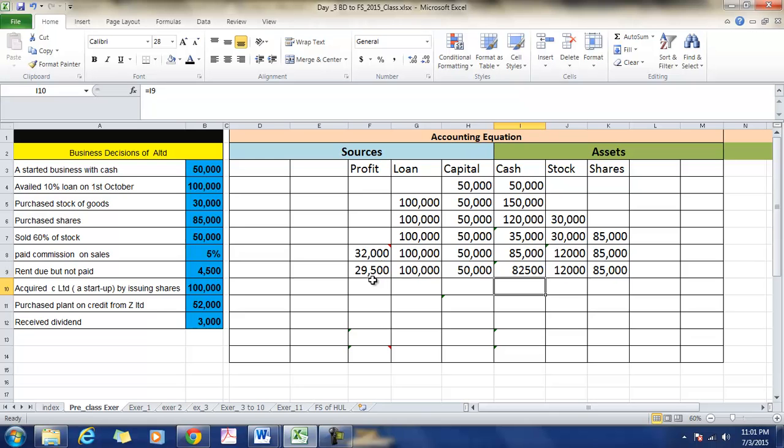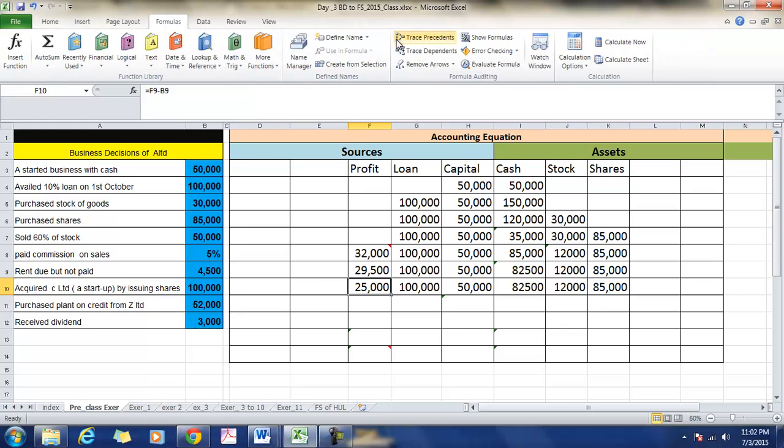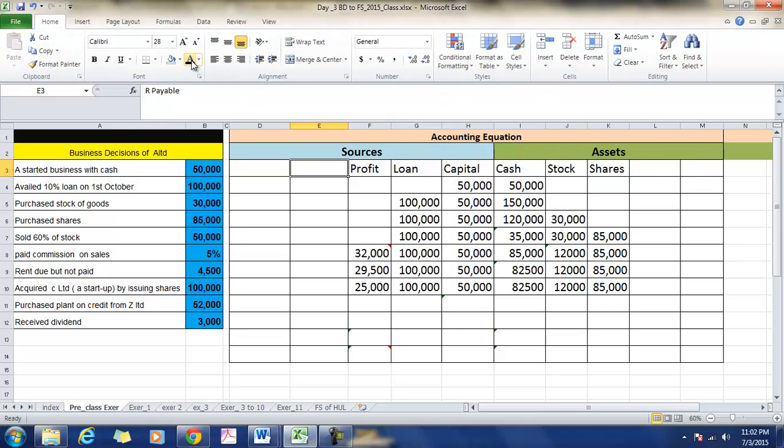No change in cash, cash remains the same, no change in stock, no change in shares, no change in capital, no change in the loan, but the profit comes down to the extent of 4,000. A liability is created, and that liability is called rent payable. An expense not paid is a liability.